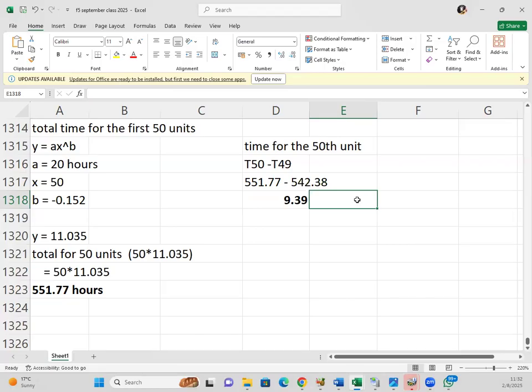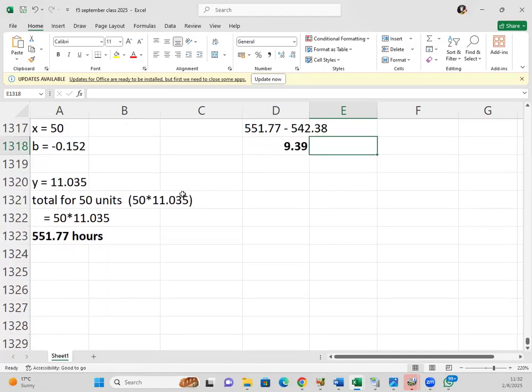Because for the average, you're adding the time for the first, the second, up to the 50th unit, then you average. But for this one, we are looking at the time needed to produce the 50th unit, not the average. So after the steady state, all the additional units will be taking the same time.